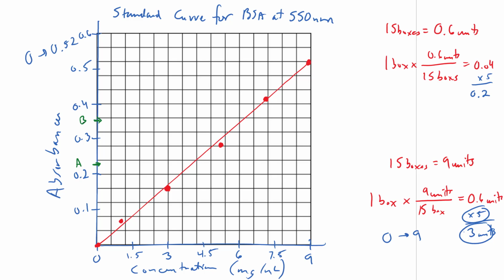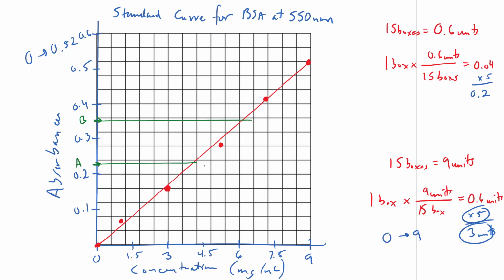So I have the absorbance. What I now do is I use a ruler and I draw a horizontal line across from that arrow to my line of best fit. Notice I drew the line until it touches my line of best fit. Now I will draw a vertical line from the point where my horizontal line touches the line of best fit.